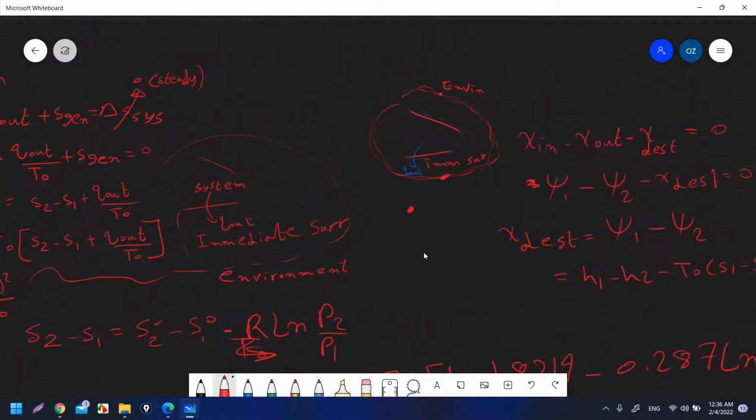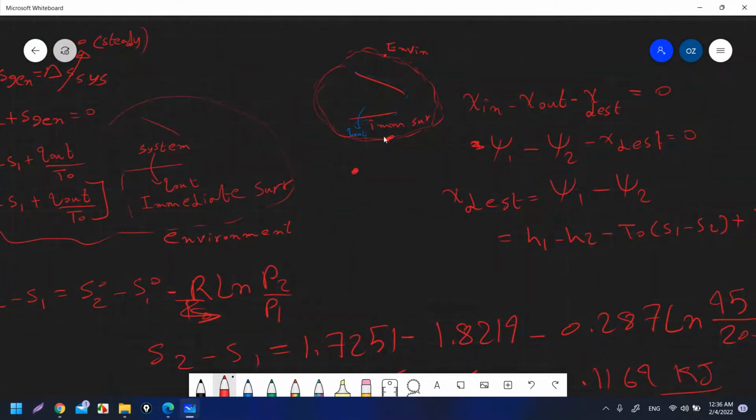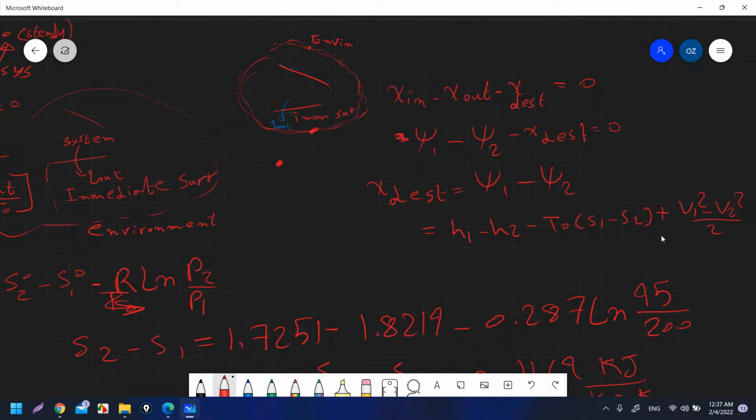So for doing this, I cannot do this if I take the Exergy balance around only the system. I will not reach this point. So that is why we made it around the whole system that includes the system itself, the air, and the immediate surrounding. So we have Q out when it reaches this one, and when it reaches this one it will be 0. Why?